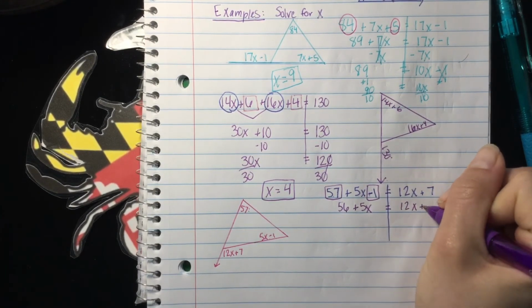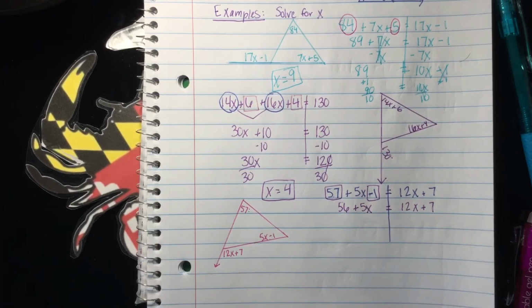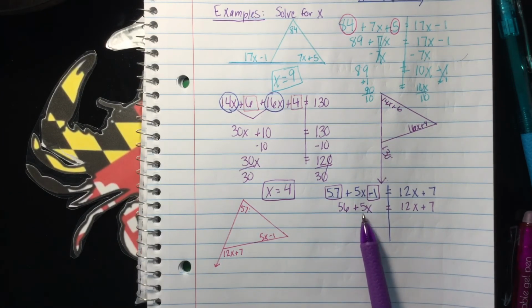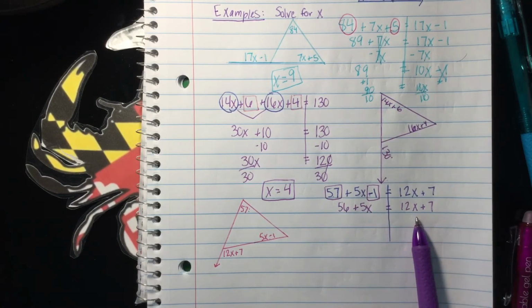12x plus 7. Okay, now we need to get the variables all on one side. You might be asking, which side should the variables be on? So I look at both of the variables, and I see that 5 is less than 12, right? So I want to take this 5 and move it over here.